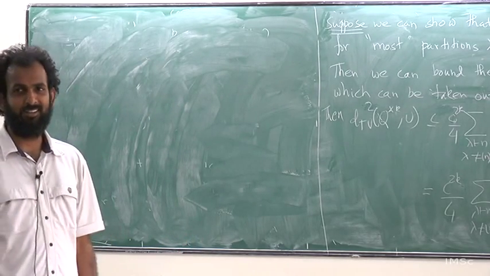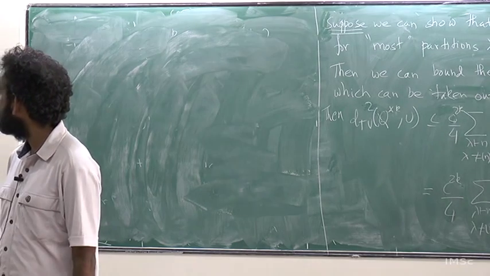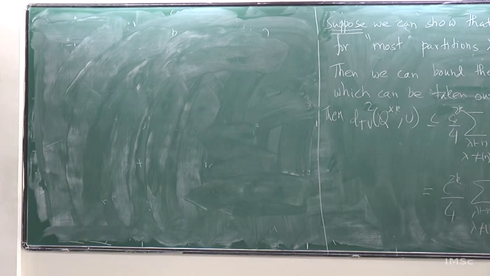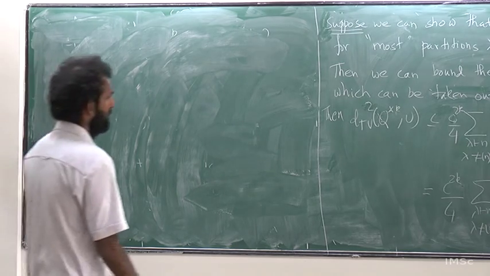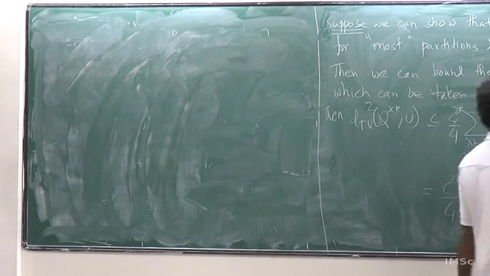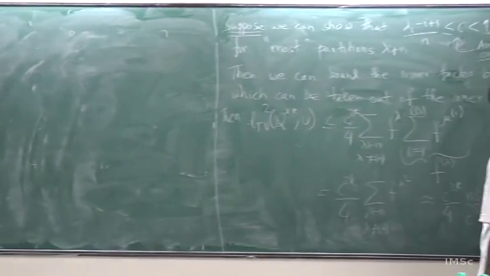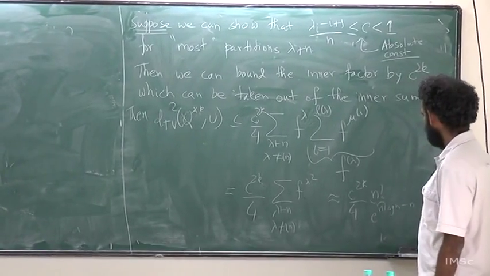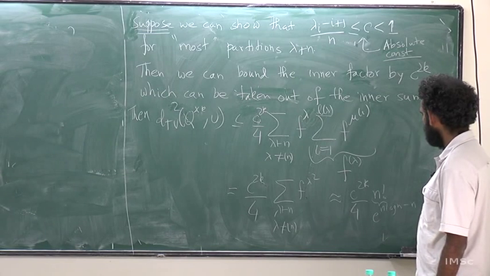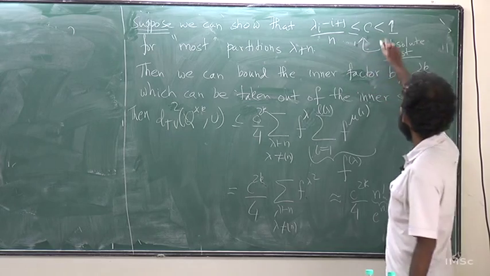Isn't it clear? So this c to the 2k times n factorial. N factorial is e to the n log n, so e to the n log n minus n. By the way, this c has nothing to do with k equals n log n plus cn, so maybe I should say c prime.